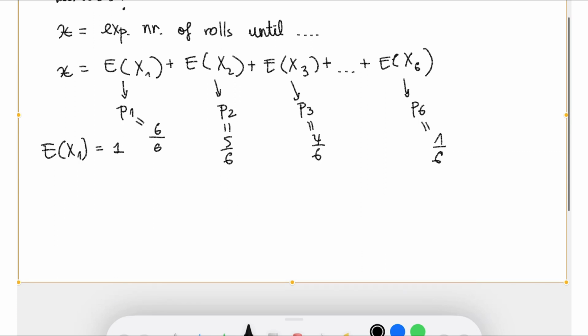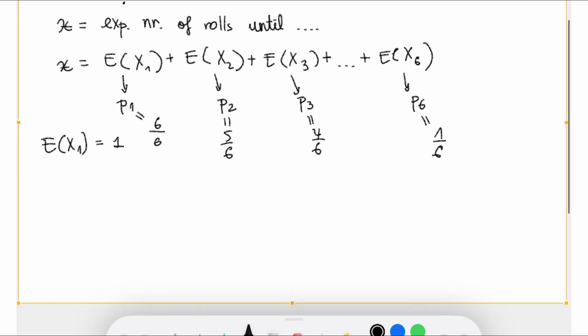Now we have to take each expected value and calculate it. And for these expected values, we will use a geometric distribution. The geometric distribution looks like the following.